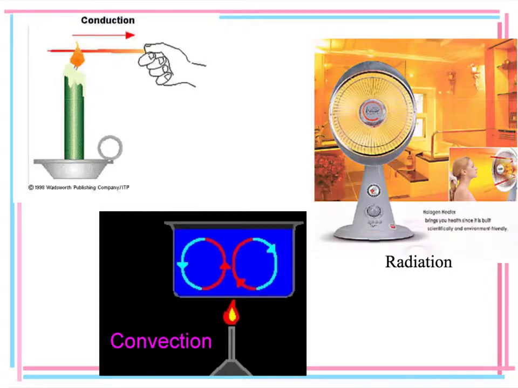Here's a few more examples of conduction, convection, and radiation. And of course, right here we have conduction because we have direct contact with the heat source and whatever he's holding. Convection is where it's the mixing of the airflow, and you see the warmer and colder arrows here because that's how they mix. And notice this is not in direct contact, it's the air right above the Bunsen burner.